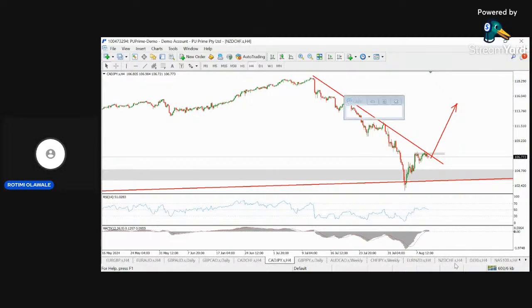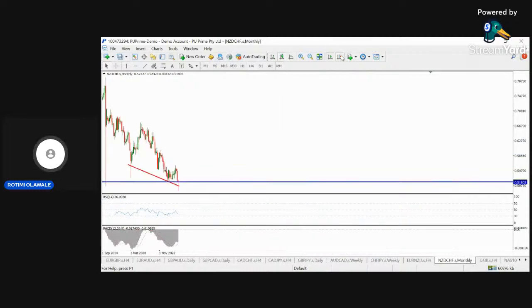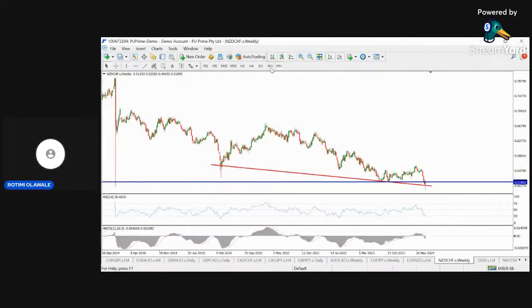All right, so this is the New Zealand CHF. Let's start from the monthly, weekly. All right, so on the weekly time frame, we can see that price has been trending downwards. Then we have price make a lower low at a support level on the weekly time frame.